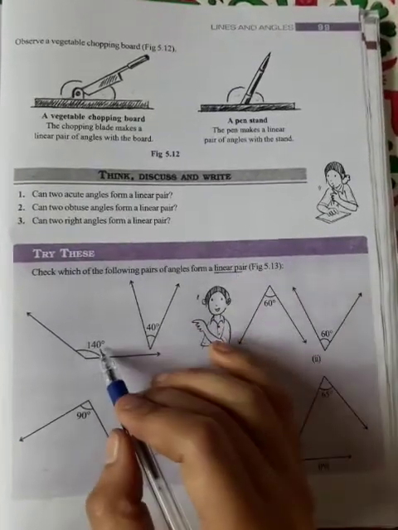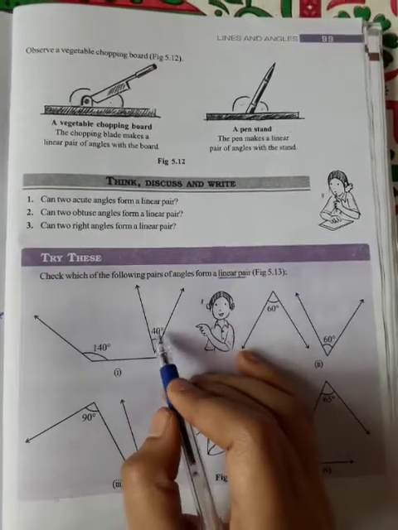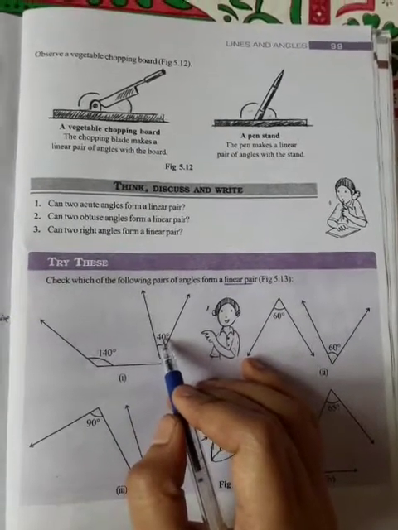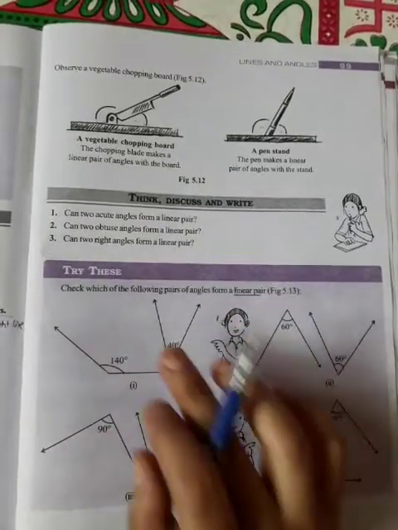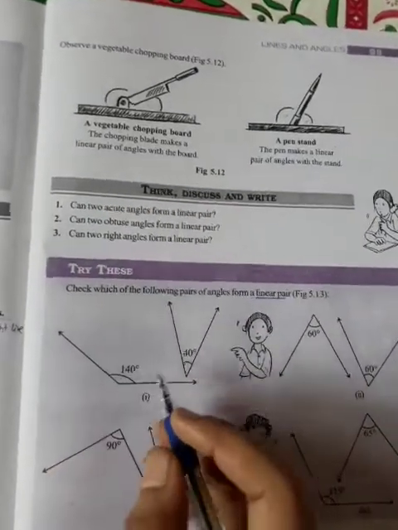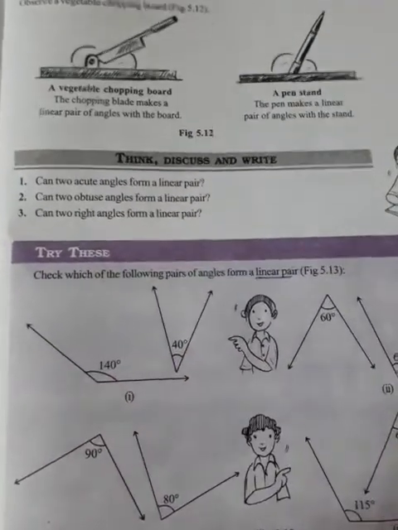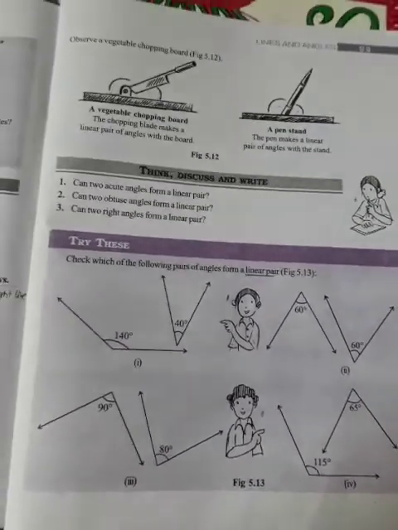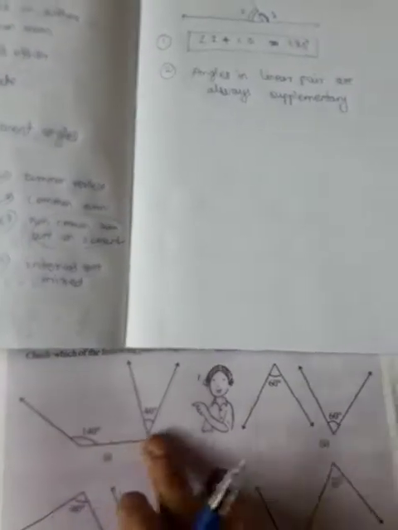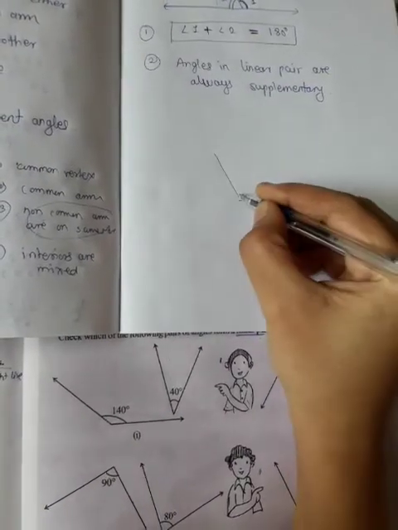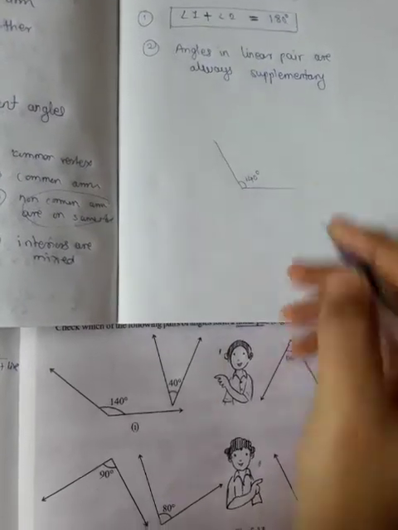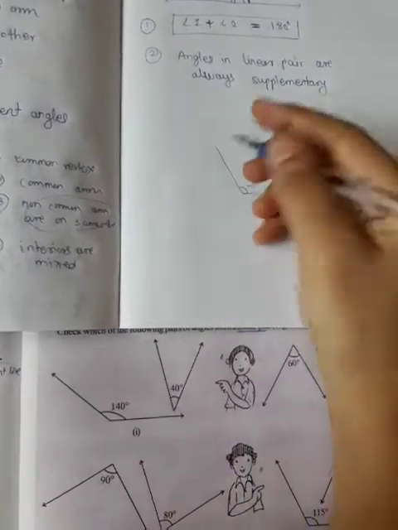Here, 140 plus 40 gives you 180, so this pair makes a linear pair. By these two we can draw a diagram: this is 140 degrees, and this 40 degree angle you can adjust here.